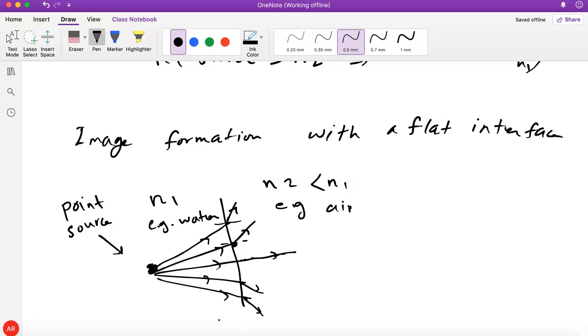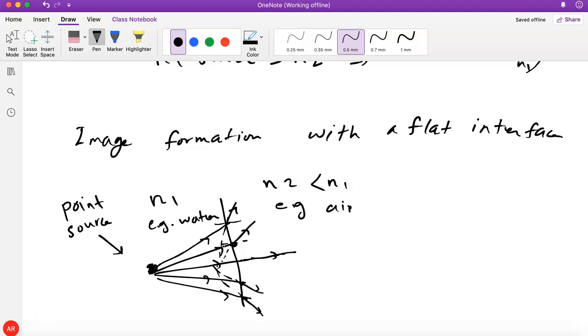Okay, so if you trace these back, well, for one, they may not all coincide, especially if these angles are large at one point. So the object may become a bit blurry. But a more important effect is that the object will look closer, right? So there's like a virtual image, right?